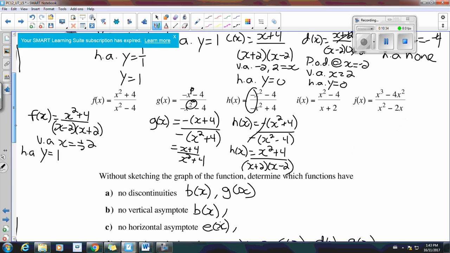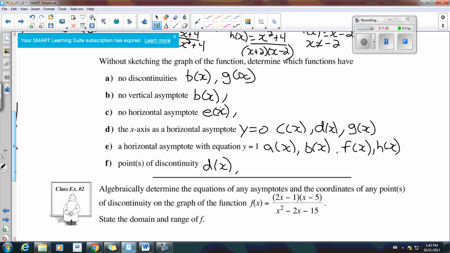Next one. Well, now we have a difference of squares in the numerator. We have this non-permissible value that got cancelled out if x equals -2. So that means we have a point of discontinuity there.